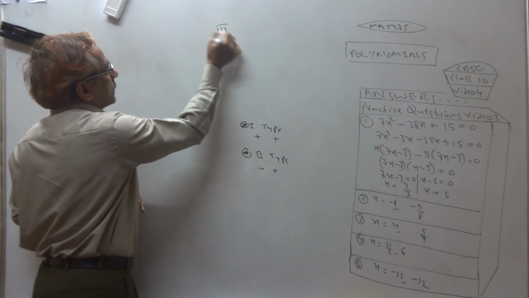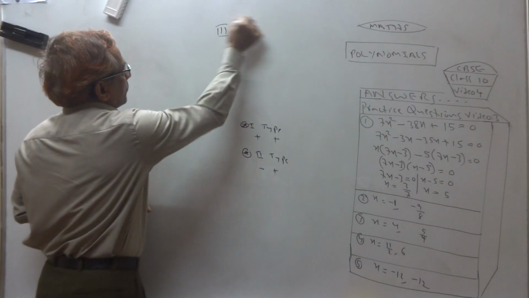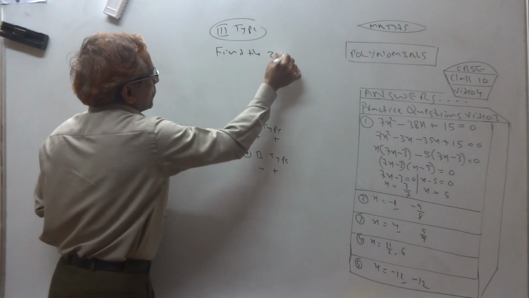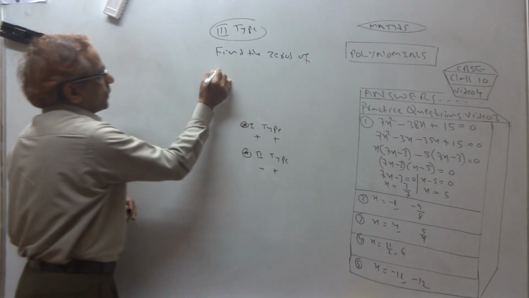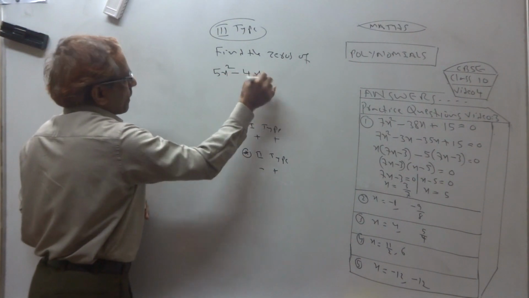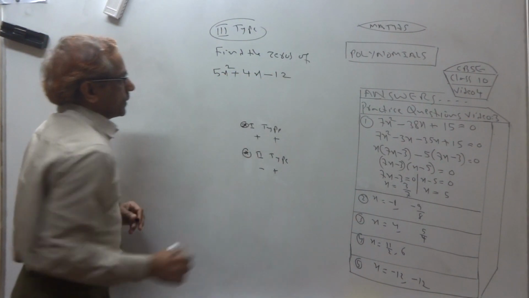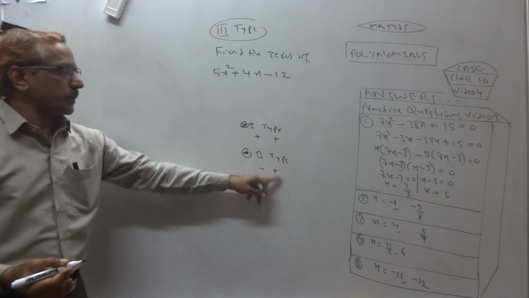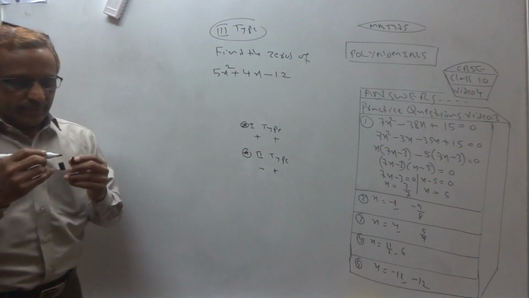Now I start the third type. Okay, find the zeros of... See, what is the third type? After plus plus, minus plus, now plus minus.